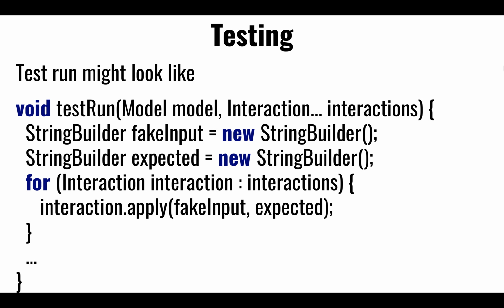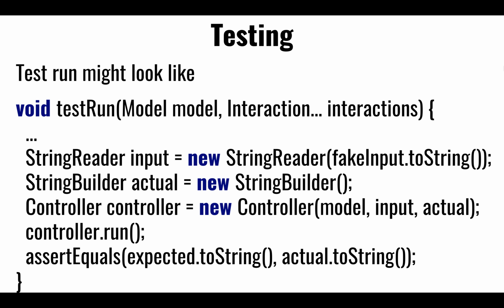We concatenate all that into the resulting strings in these string buffers. We can then feed these fake inputs into the controller as the actual input, and the controller runs the model, uses the model as an argument, to parse and act on that input, the 3, the 4, the 5, the 7, whatnot.